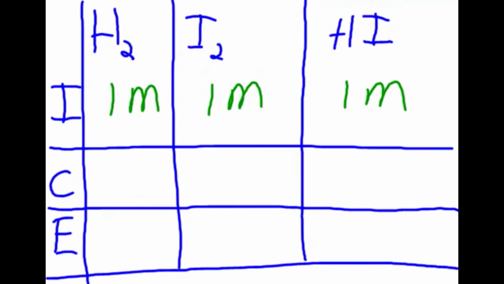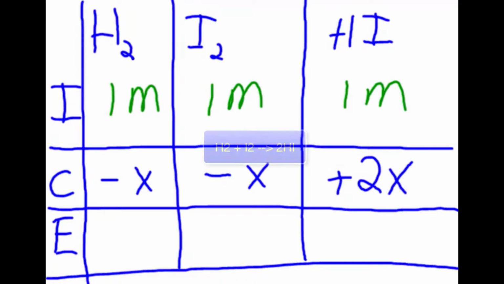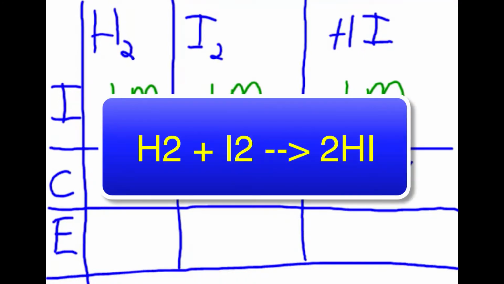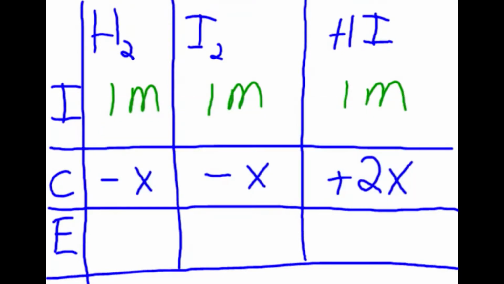So I know that I'm going to have to use up some of my reactants. I'm going to lose some reactants, and they're going to turn into products. This is 2x because it's going to go up by 2x, because in the balanced equation, it was H2 plus I2 equals 2HI. Then for the equilibrium expression, it's easy.